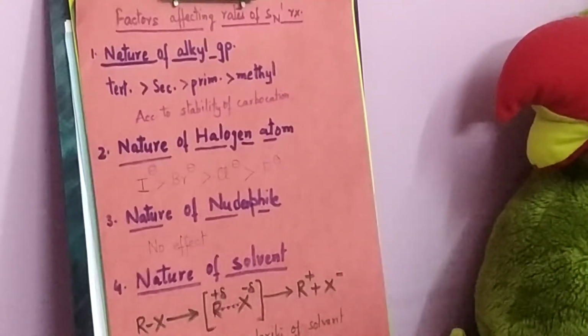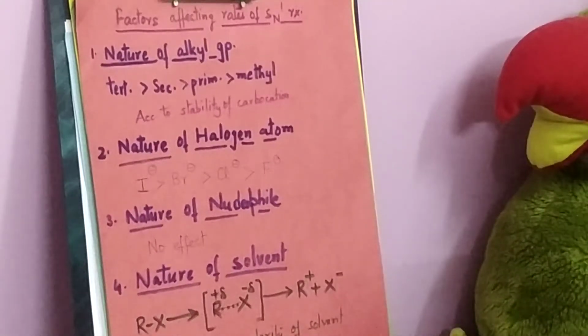Last factor, but not the least, because it's the most crucial factor here, is the nature of solvent. I am talking about the polarity of the solvent, whether it's totally non-polar or polar in nature. As we discussed last time also, in this case the first step is ionization, in which R positive is formed and X negative gets out of the molecule.